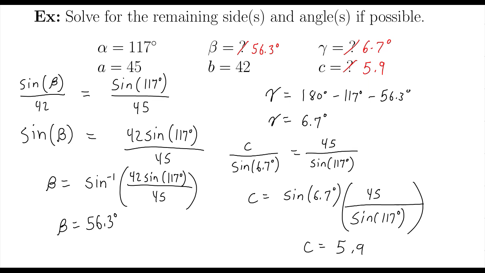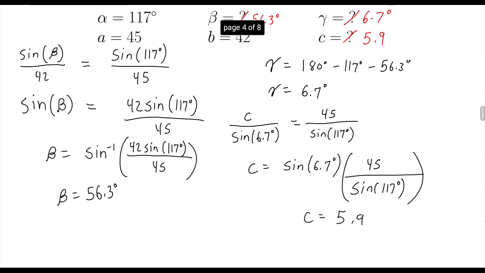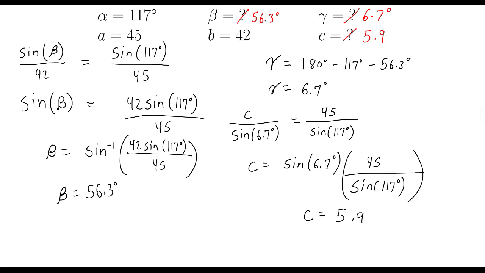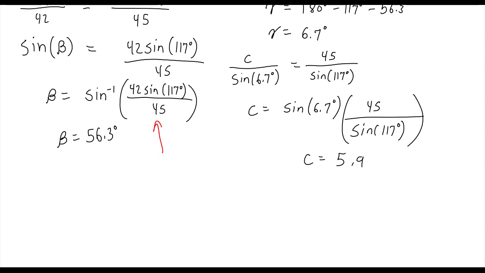Okay, so again, all this depends on if the angle beta comes out to be 56.3. So this all works. This is a right way to work out this problem. Now let's account for a potential different triangle. It depends on what this came out to be.